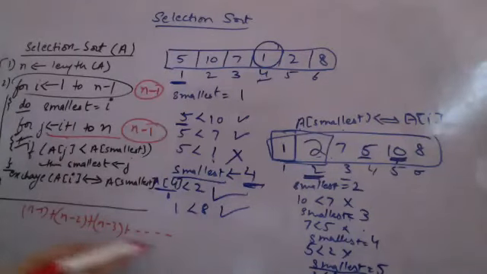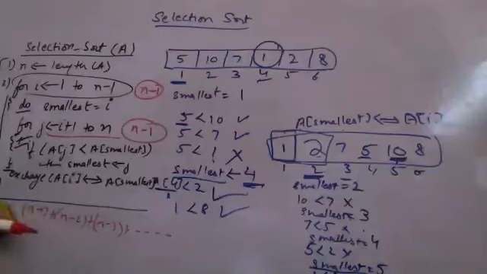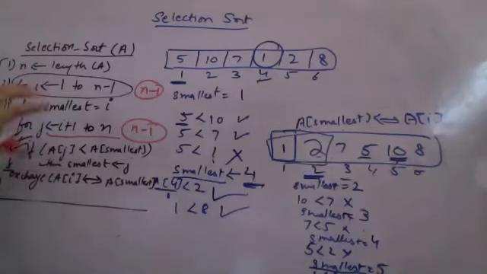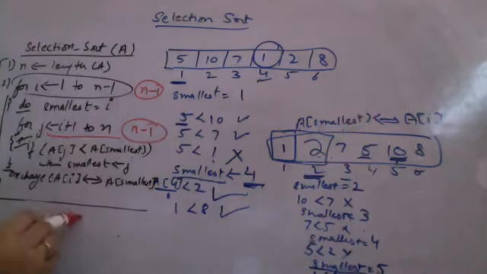So this is nothing but a sum of a series. For the first n minus 1 natural numbers, it should be n into n plus 1 by 2, but that is not here, so it comes less. So for all iterations it is running n minus 1 into n by 2.